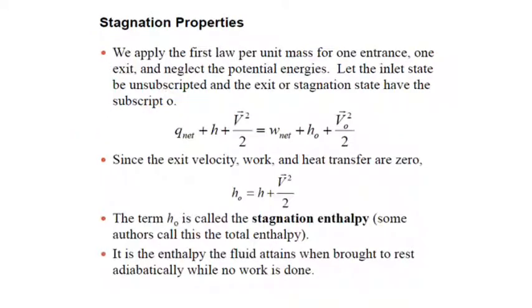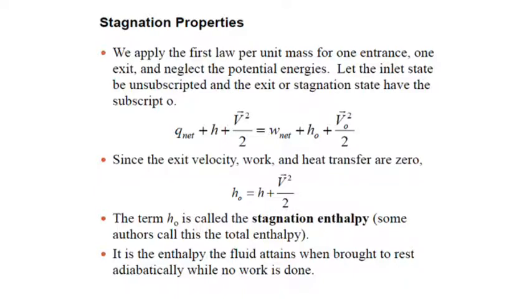In the next slide, we are going to apply the first law per unit mass for the entrance and exit, and we are going to neglect the potential energies. The equation will be like this: Q plus H plus V squared by 2 is equal to W plus H naught plus V naught squared by 2. The subscript 0, that is naught, represents the stagnation state.